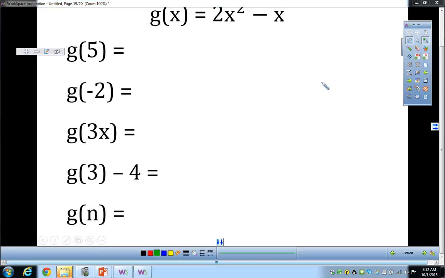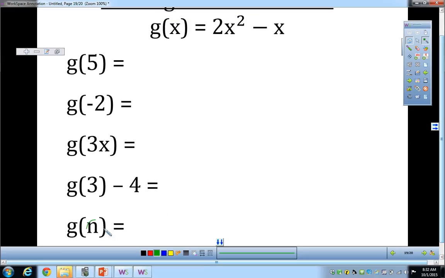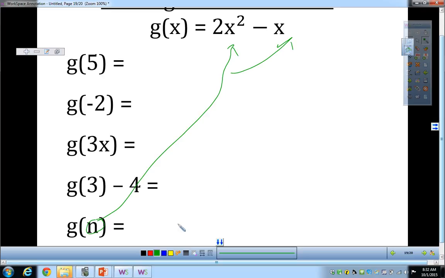So what would I get if I plugged in n into this function? 2n squared minus n. Very good. G of n is just this. You just plug in an n.